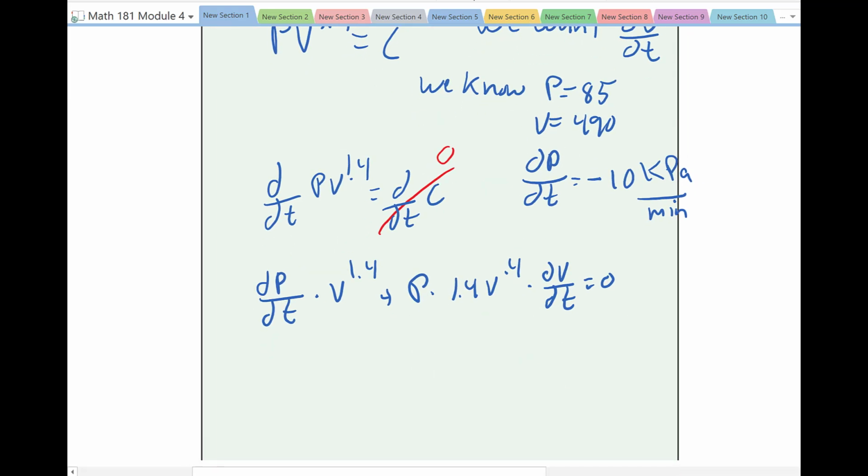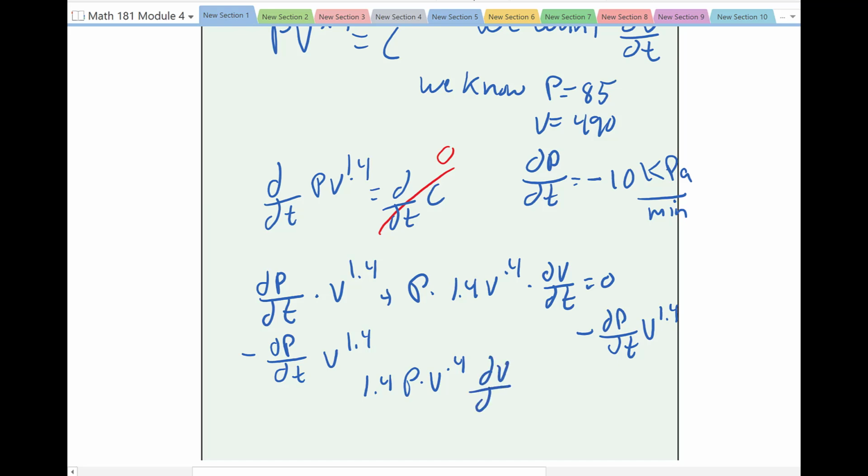So let's see. My goal is the dV/dt, so I can subtract dP/dt V to the 1.4 from both sides. So we have 1.4 times P times V to the 0.4 times dV/dt equals negative dP/dt V to the 1.4.